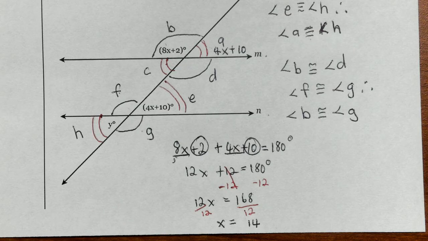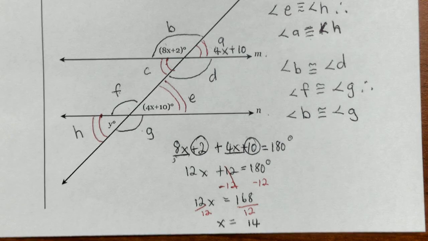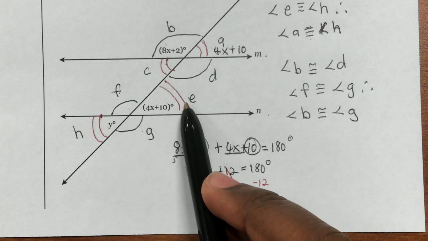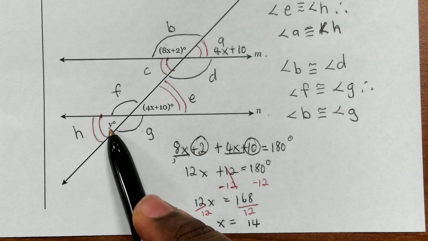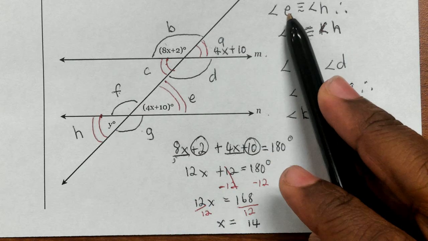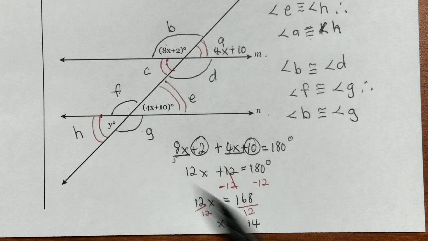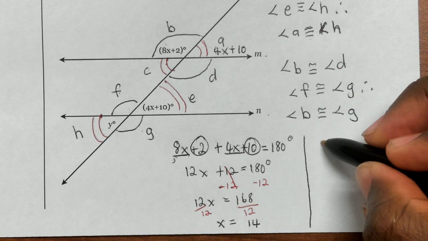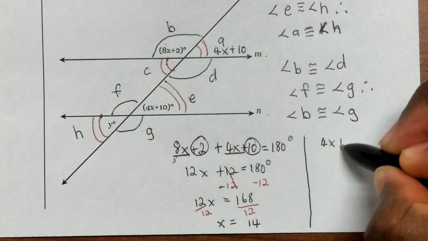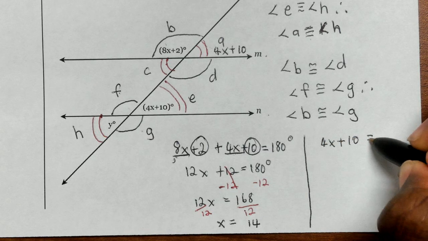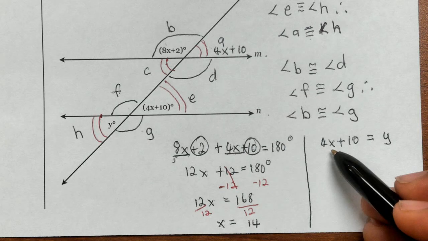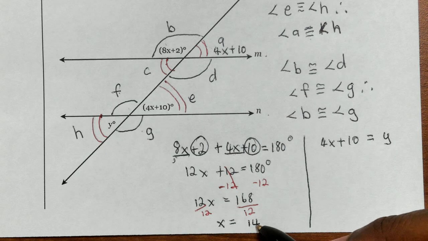Okay? So now we're going to try to find the value of y. Okay? So to find the value of y, what I would do, guys, is that I would use the fact that angle E is equal to angle H. So angle E is equal or equivalent to angle H. So I would say that 4x plus 10 is equal to y. So I can go ahead and substitute the x value of 14.